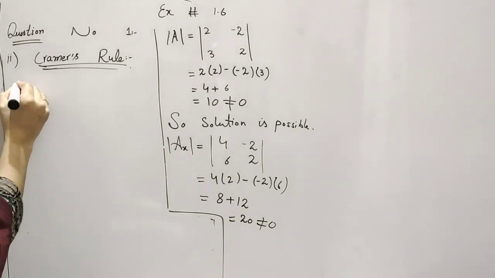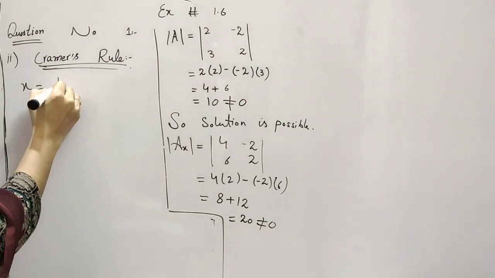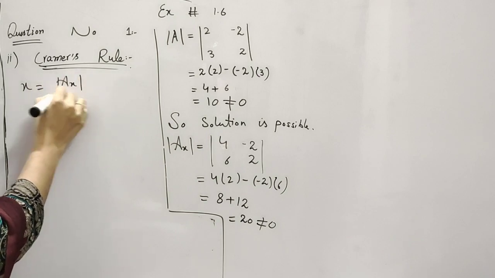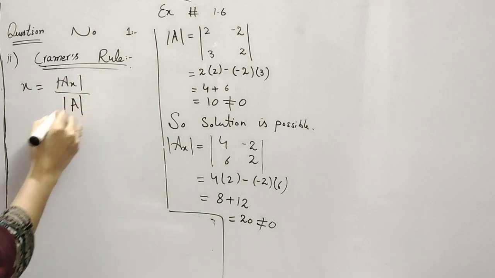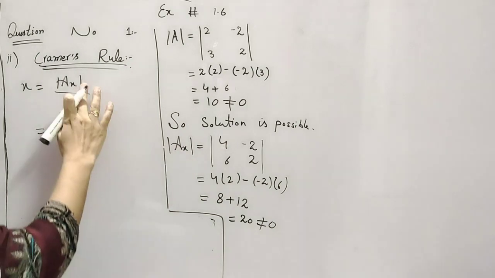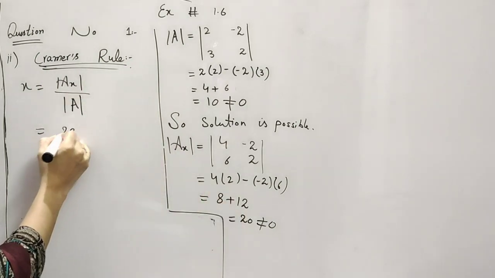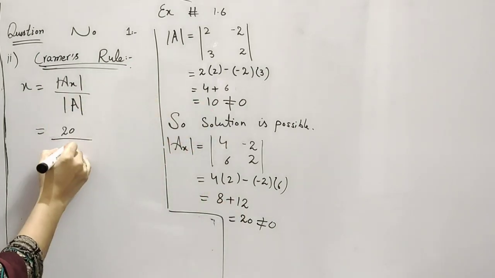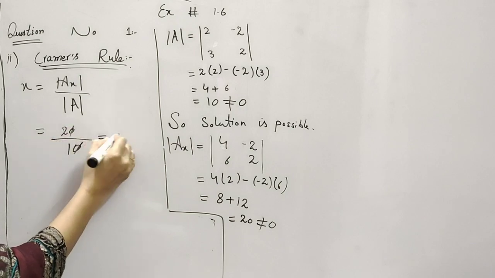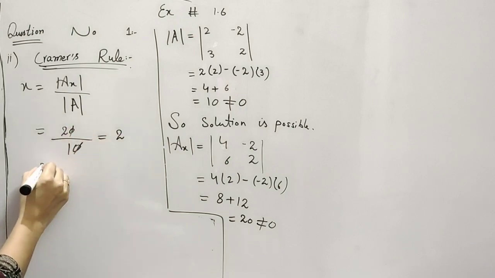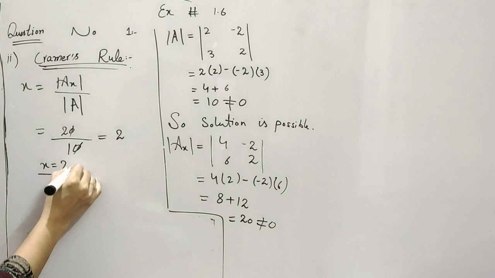So the value of x will be equal to the determinant of A of x over the determinant of A, and the determinant of A of x is equal to 20, and the determinant of A is equal to 10. So this will be equal to 2. The value of x is equal to 2.